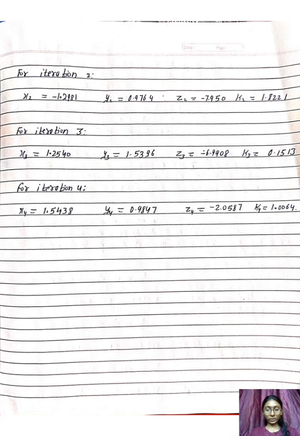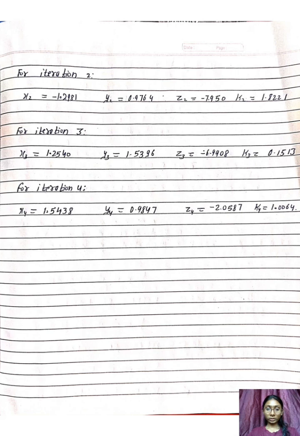In the second iteration we put the values of x1, y1, z1, k1 in the equations, and we get x2 as minus 1.2981, y2 is 0.9764, z2 is minus 7.950 and k2 is 1.8221.